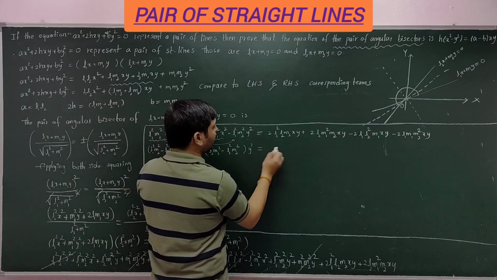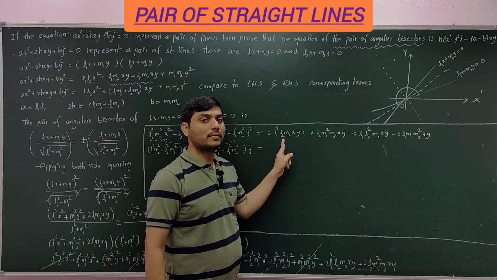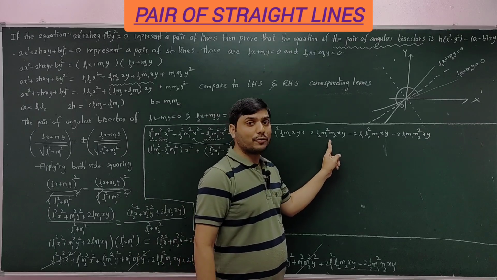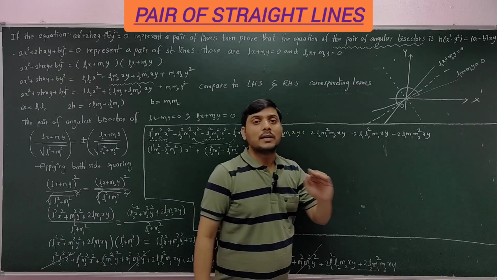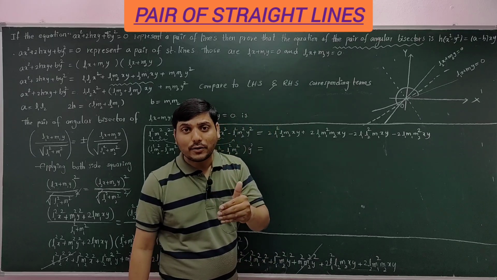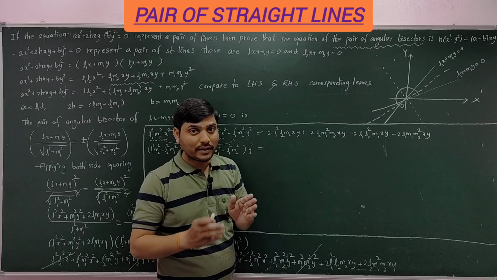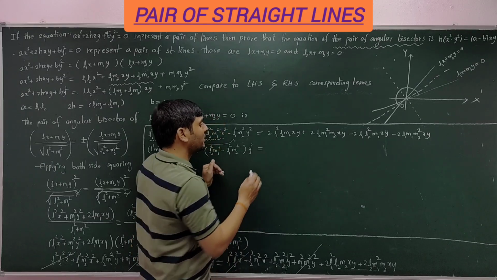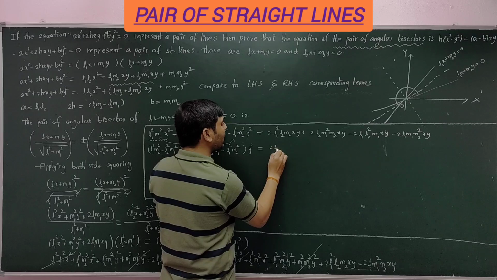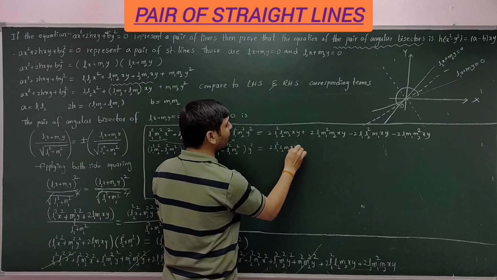Now come to the point. Here the terms have l1 l2 and m1 m2, so I write those terms in some order. Listen here, 2 l1 square l2 m2 xy.